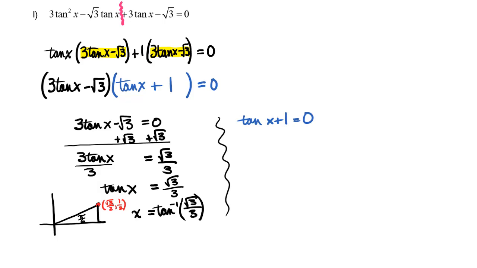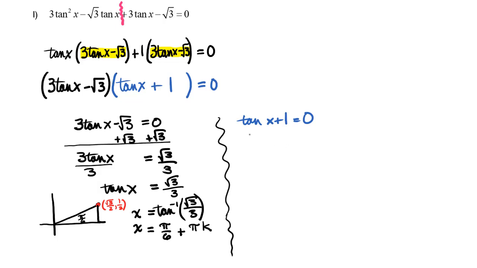So we would have 1/2 over root 3 over 2, which would reduce to 1 over root 3, which rationalizes to root 3 over 3. So the angle for which this is true is pi over 6. And then recall that tangent repeats every period of pi, so we would have plus pi k for all solutions of this binomial factor.